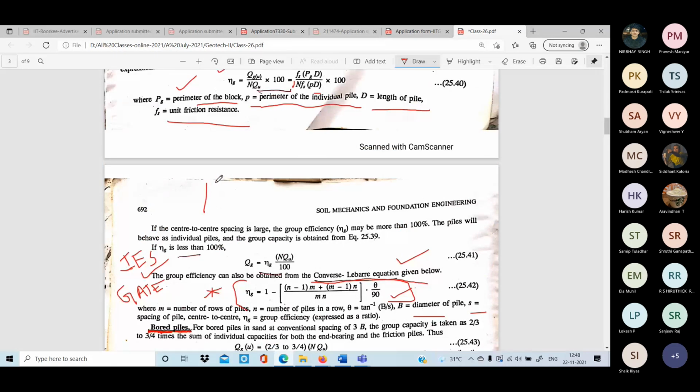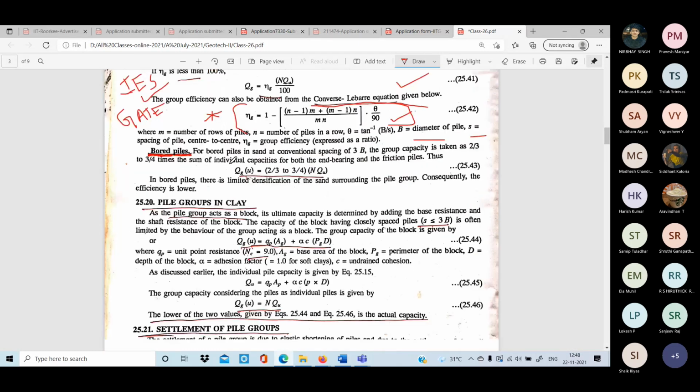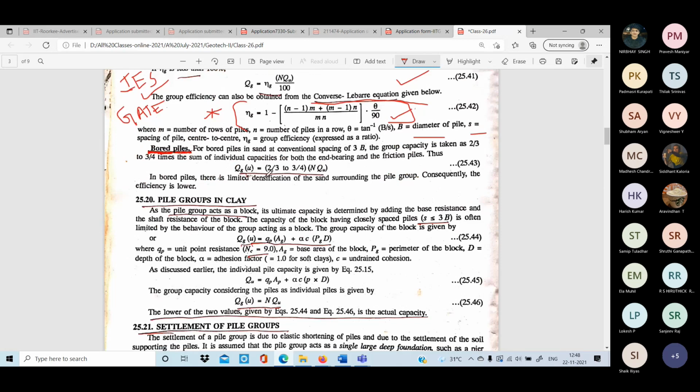Driven piles means we are just driving the piles here with the static load only, not dynamic. So what are bored piles? For bored piles, the capacity would be 2/3 or 3/4 of the driven piles. For bored piles in sand at a conventional spacing of 3, the group capacity is taken as 2/3 to 3/4 times the sum of the individual capacities, for both end bearing and friction piles.